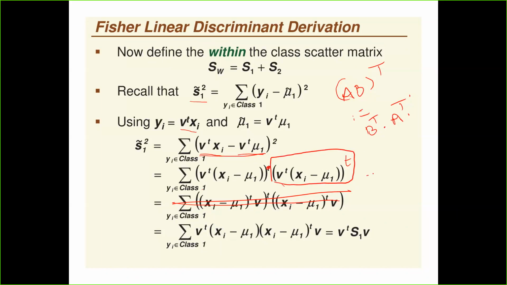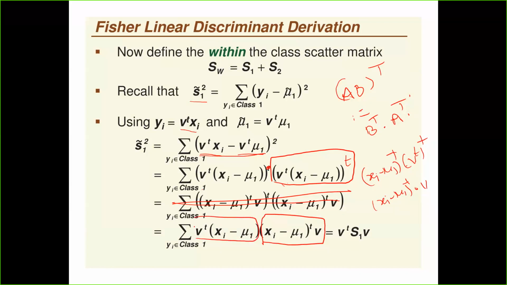You will get Xi minus mu1 transpose times V transpose to the transpose, which is equivalent to Xi minus mu1 transpose times V. So this is V. When you expand this, you will get Xi minus mu1 transpose times V, and V transpose Xi minus mu1.